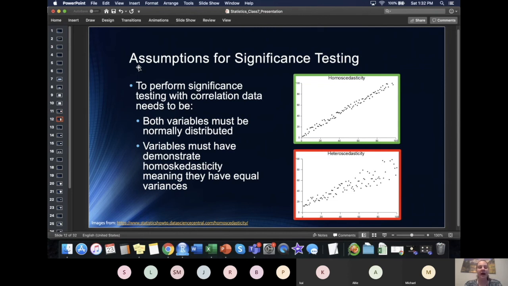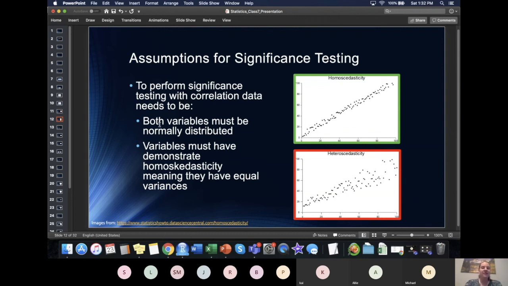Correlation gives you a lot of information, and sometimes you don't really need that significance testing. However, if you want a p-value, which in a lot of cases companies do want, there are two extra assumptions that are not included in just finding the correlation. So these are assumptions for significance testing of a correlation, but not the correlation coefficient.